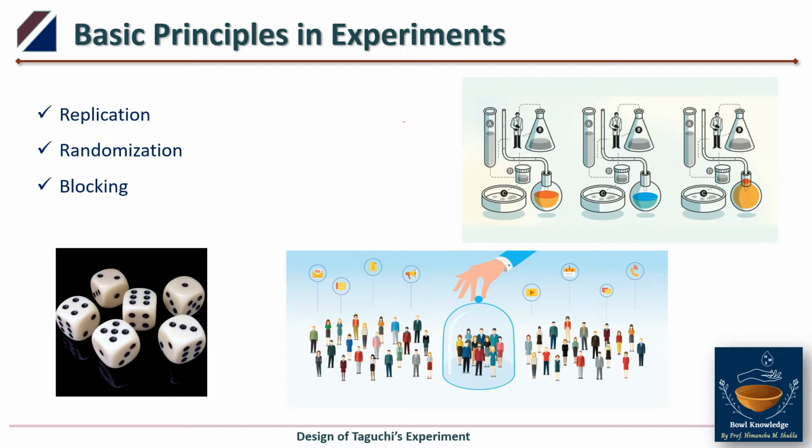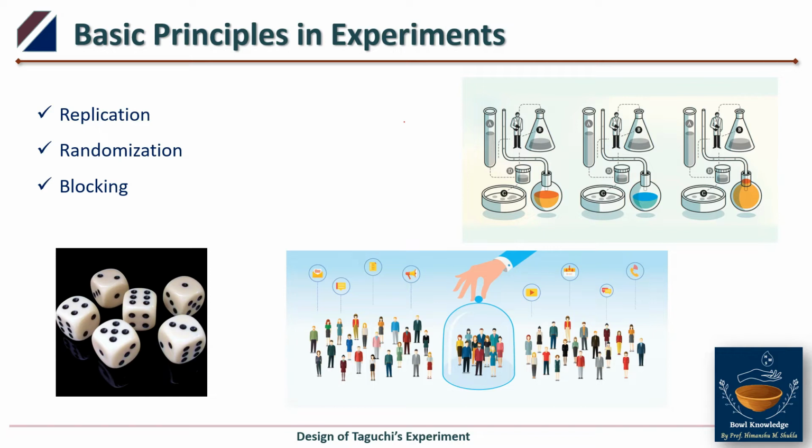That is called replication. Replications are intentionally incorporated in the experiment while recording data to ensure that our reading is not full of error, or is not a kind of fluke. So by using replications we ensure that whatever readings we are getting are consistent.